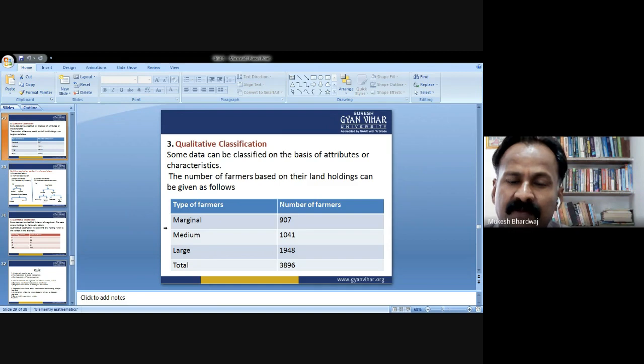The number of marginal farmers is 907, medium farmers are 1041, large farmers who work on a very large scale, holding very big lands, are 1948, and the total is 386996. So in this way, qualitative classification can be done.